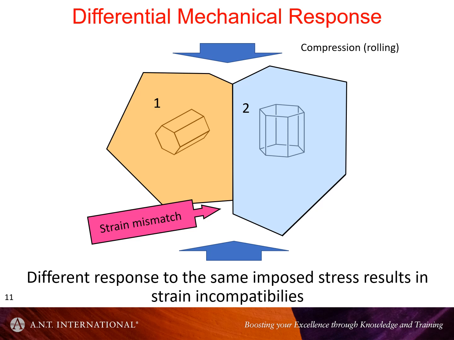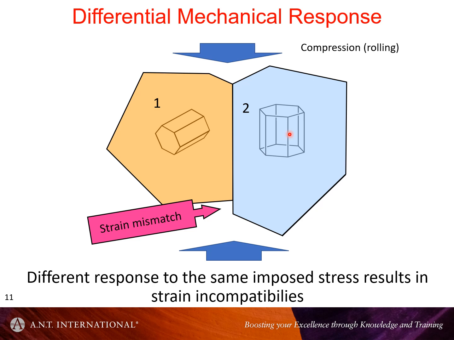If one was to look at compression, when you compress, in the case of the prism directions, the prism poles, the material deforms easier than it does if you're compressing along the c-axis, just the way it is, and I can explain more about that when we go into the details of mechanical processing.